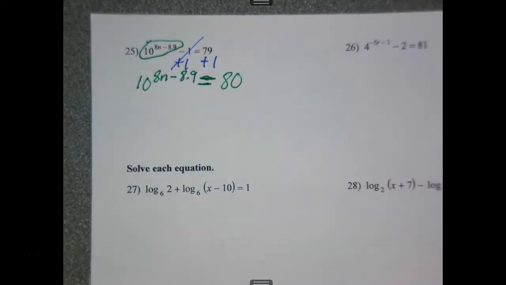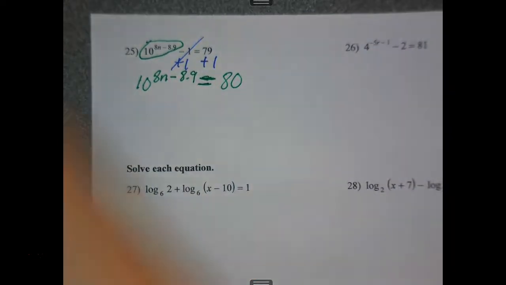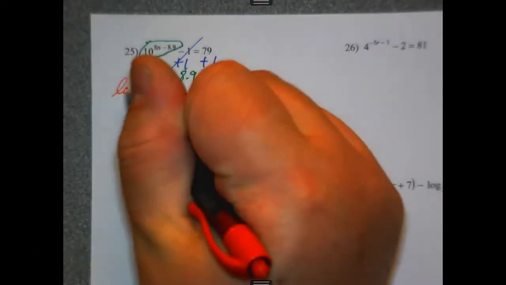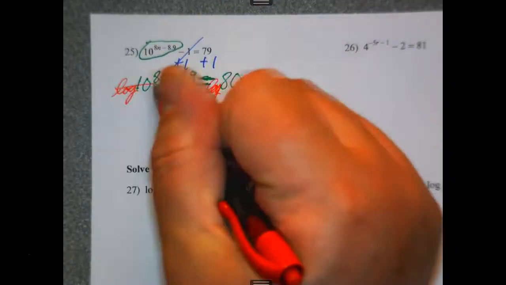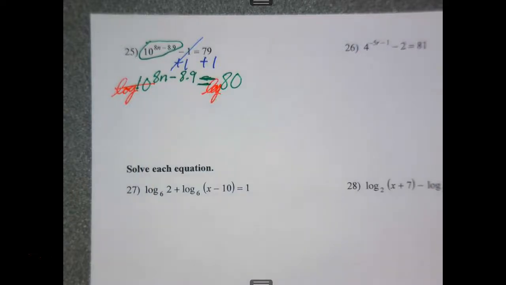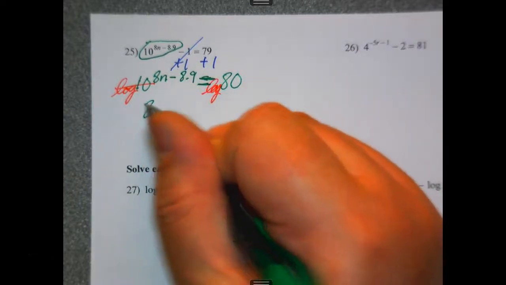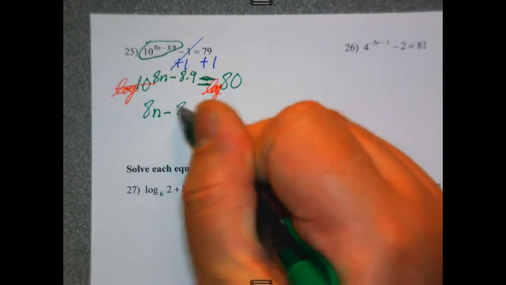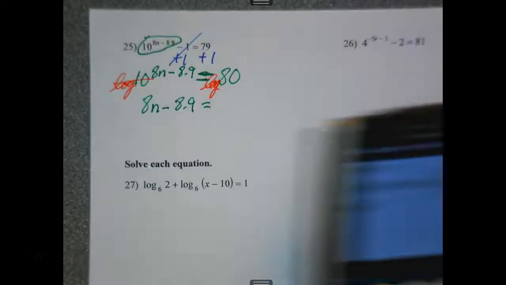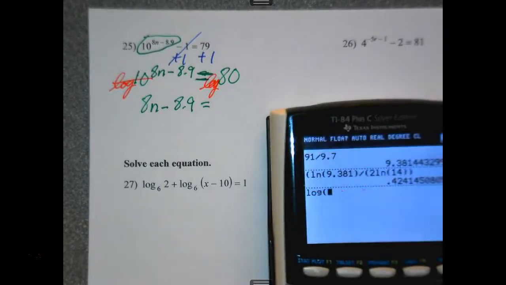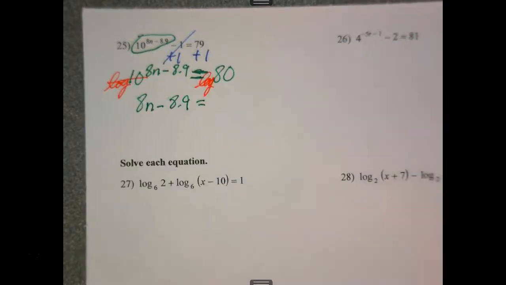Now we should use common log. Yep. Because that's going to do the base 10 for us. That gives us 8n minus 8.9 equals, what is the log of 80? 1.903.